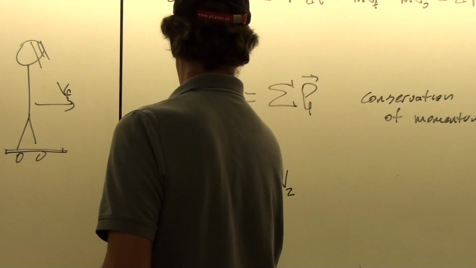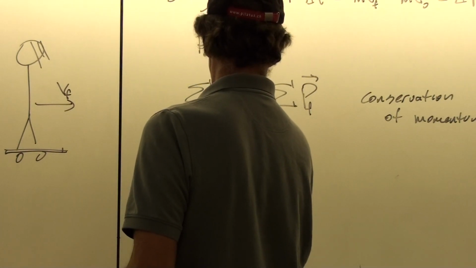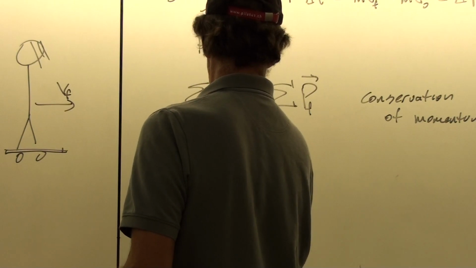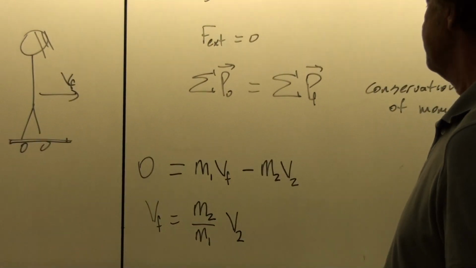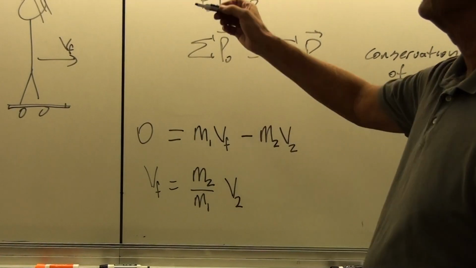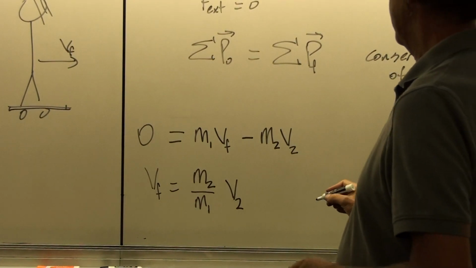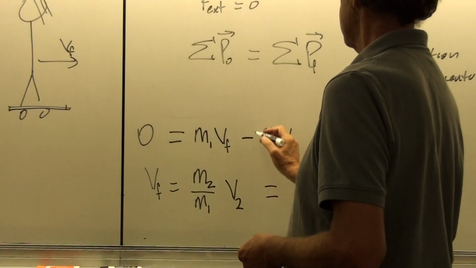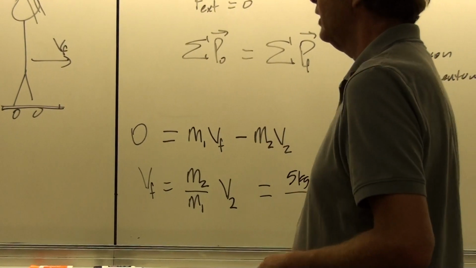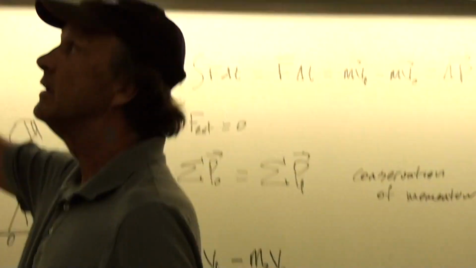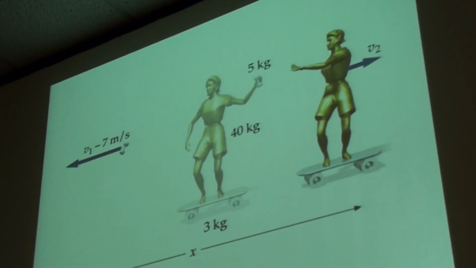So this gives us V final equals M2 over M1 times V2. Okay. And so we got the negative sign from the fact that V2 is what we could call in the negative direction. And so M2 then is the mass of the book, so that's going to be 5 kilograms divided by M1. So let's look here. Can we see what M1 is? Is it 40 kilograms?